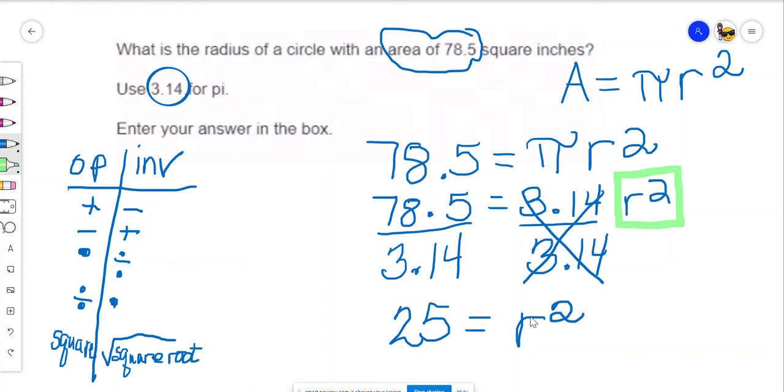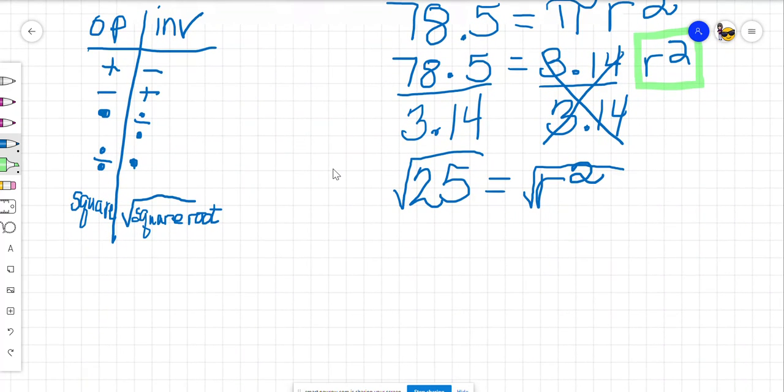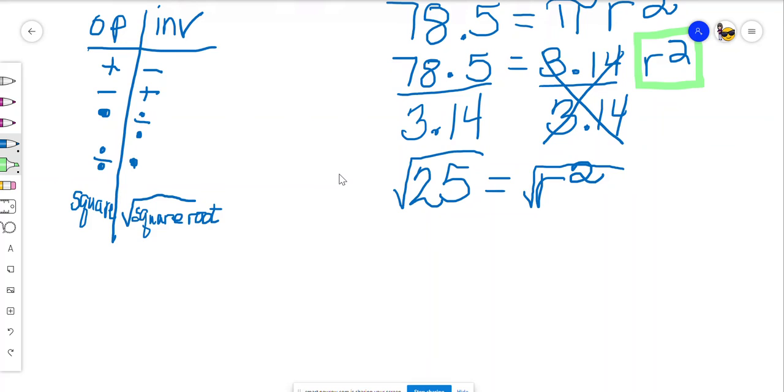So if I want to get just plain r out of 25, I have to take the square root of r squared and take the square root of 25. I know. This is like totally new math. The square root of r squared is r. Which is what we want.